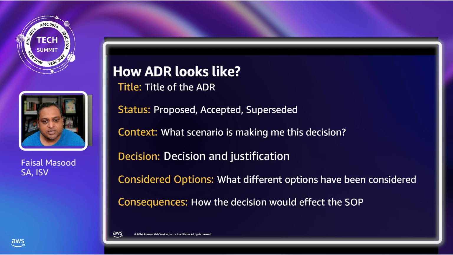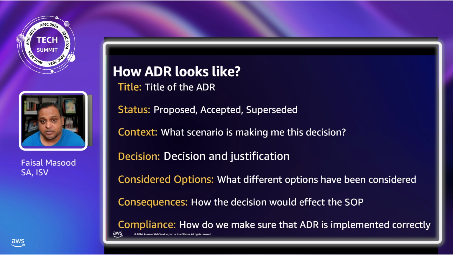Then the consequences: how this decision will affect the way people work, the operating procedures, and the compliance. The compliance covers, once the decision has been made, what processes and guardrails are in place to make sure the decision is being implemented correctly.